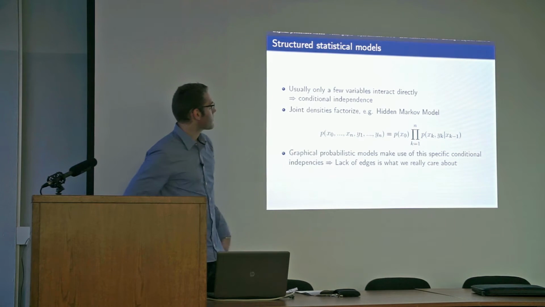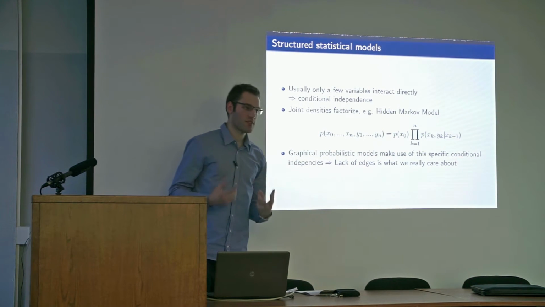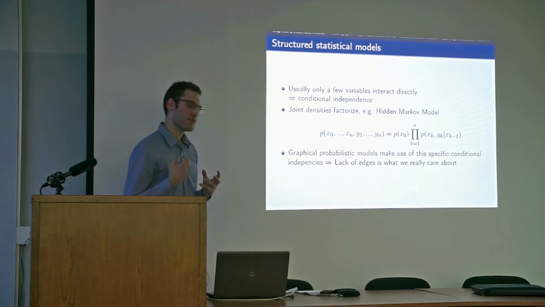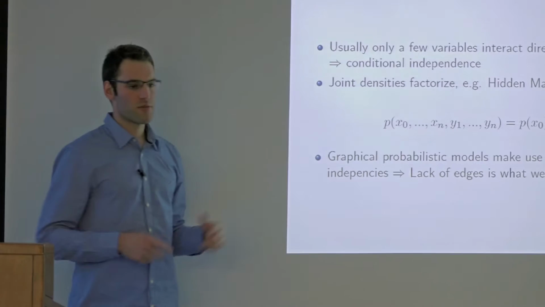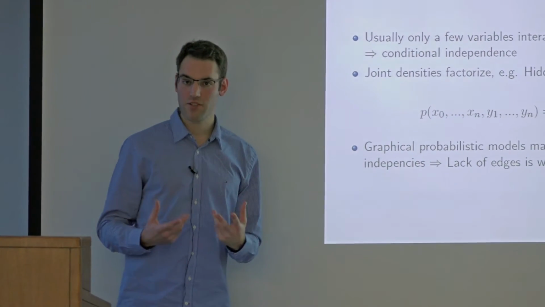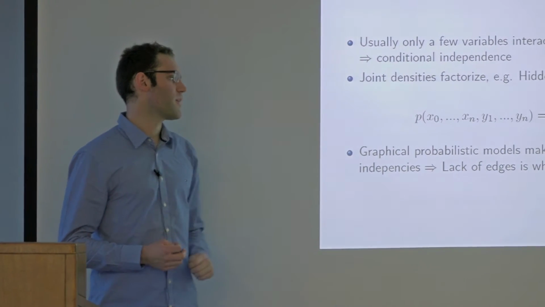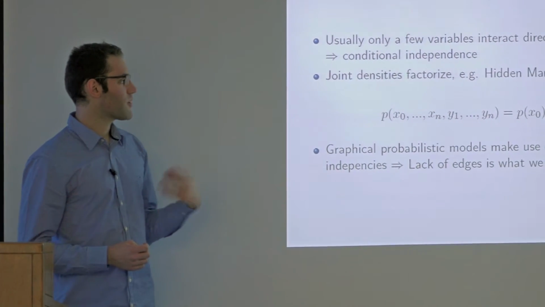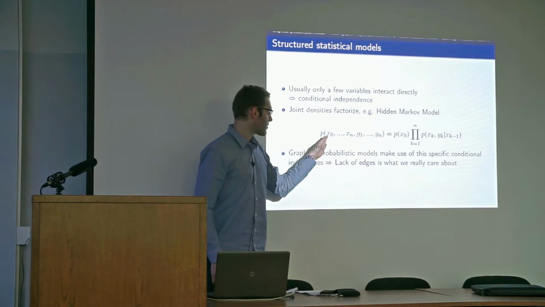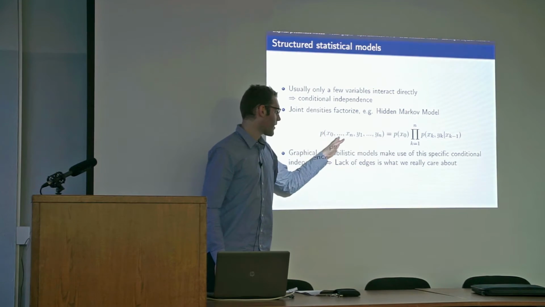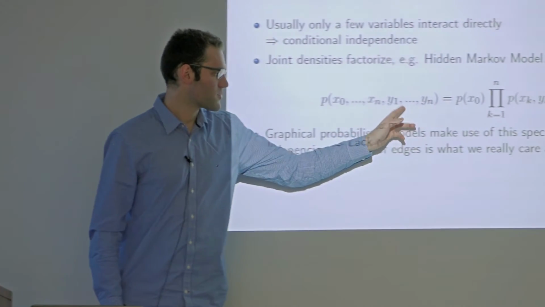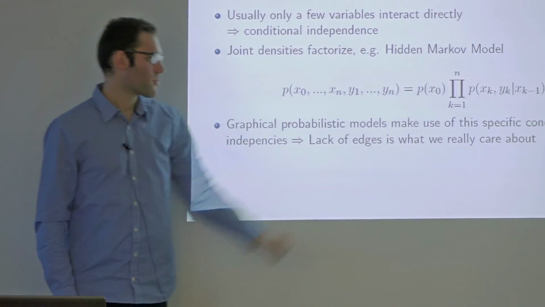So we're talking now about structured statistical models, so a statistical model which has some intrinsic structure. Usually when we have a model, not all random variables and all quantities depend directly on each other, but we have conditional independencies. For instance, if we took the hidden Markov model, which is described by the joint density of my hidden variables x0 to xn, and also my observations y1 to yn, this factorizes in the following way.